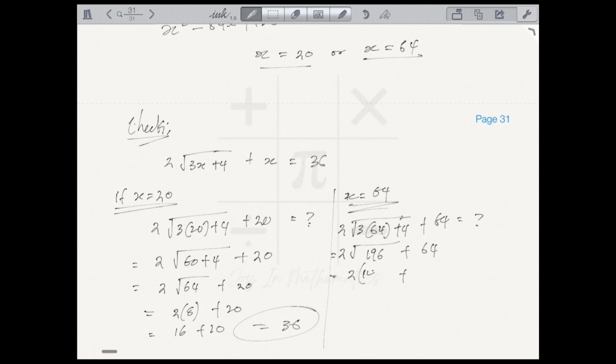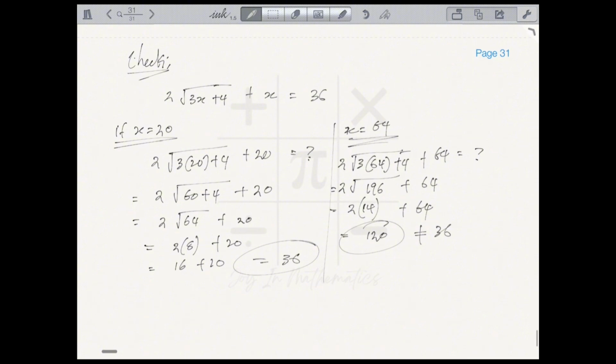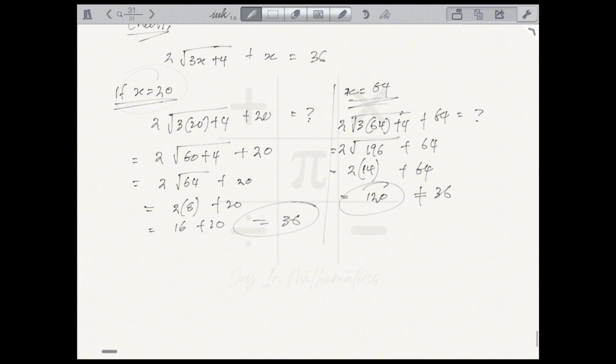So this is 2 into 14 plus 64, which gives us 120. Now this on its own is not equal to 36. Therefore, we have only one original solution for the equation, and that solution is x is equal to 20. So we can conclude that if we are given 2 square root of 3x plus 4, plus x, is equal to 36, then x is equal to 20.